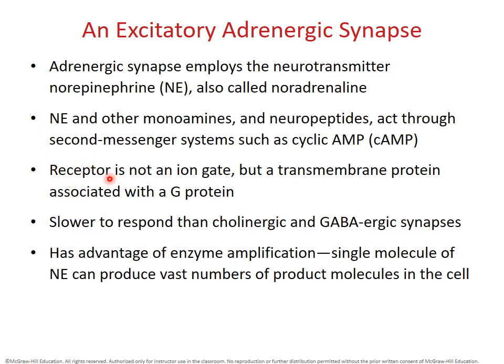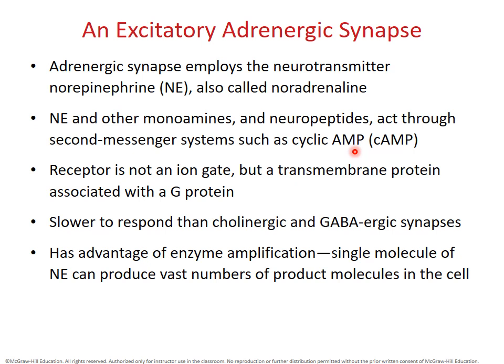One of the more common ones involves cyclic AMP, which is a molecule that, of course, is the second messenger in the adrenergic synapse. And cyclic AMP, by the way, AMP stands for adenosine monophosphate. So it's a version of ATP in which we've removed two of the phosphates.